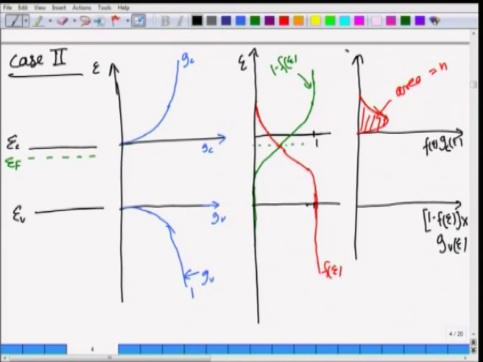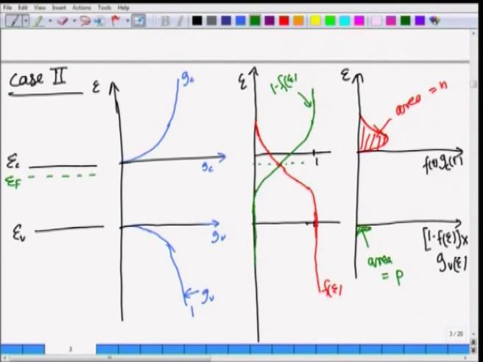By the same token, 1 minus f of E would have died down more, nearly 0, and hence this product would have become even smaller, and this area would be equal to p. Notice what happened: as the Fermi energy moves higher, the value of n is going to increase, and the value of p will decrease.